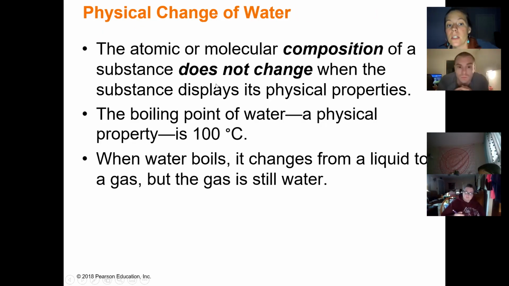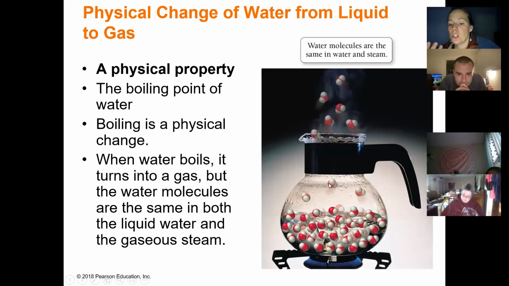Any phase changes are a physical change. So when we go boiling point, freezing point, anytime we're going from a solid to a liquid, liquid to gas, gas to solid, whatever it happens to be, the material may look different, but it isn't a new thing. The boiling point of water is a physical property. It happens at 100 degrees Celsius, and the water isn't changing what it is on a molecular level. It may look different, but it's still H2O molecules.